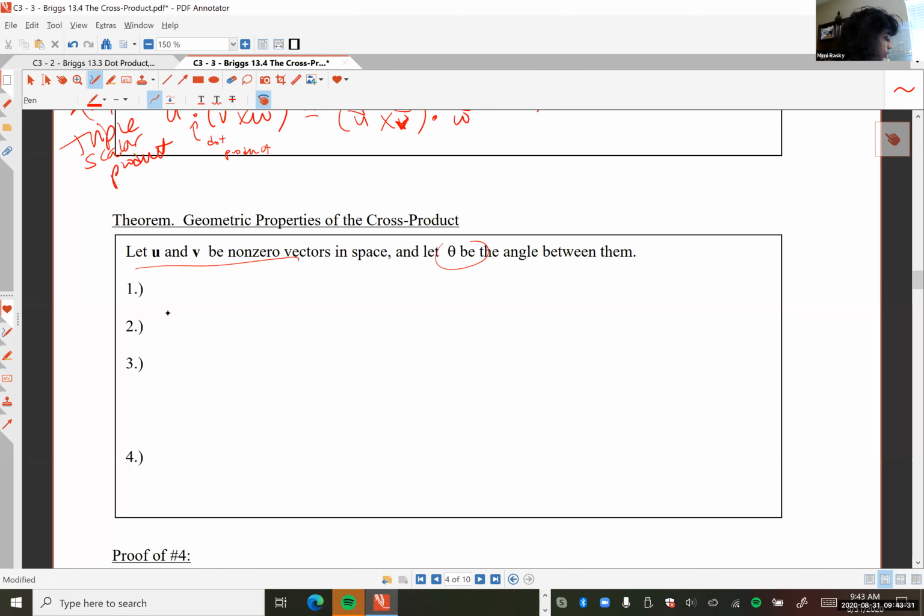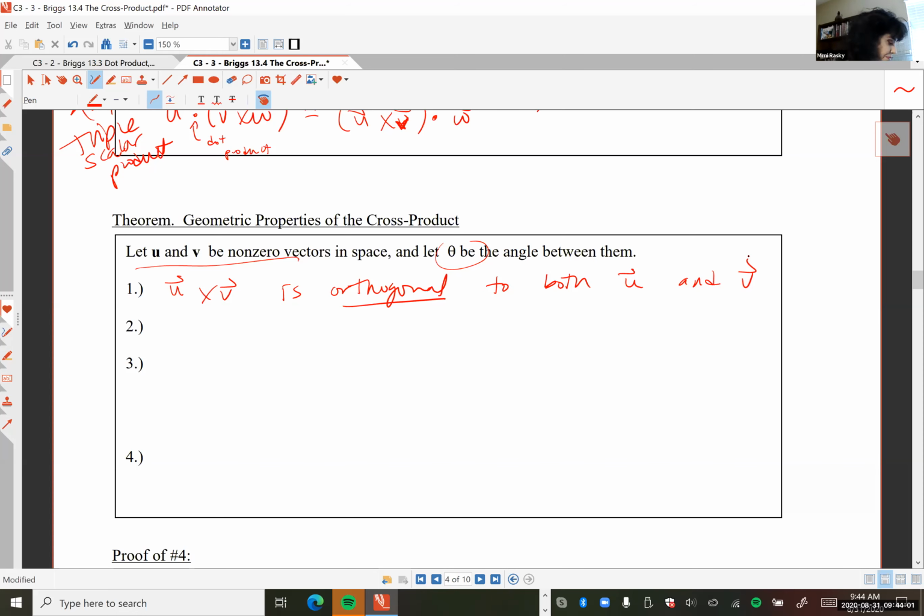And you already know one of the visualizations is that U cross V is going to give you a vector that's orthogonal to the two original vectors by using the right-hand rule. So that's one thing, but here's some more. So I'm just going to write down what I just said. That's property 1, is orthogonal, essentially perpendicular, to both U and V. And that's super important because the physics folks use this fact all the time.